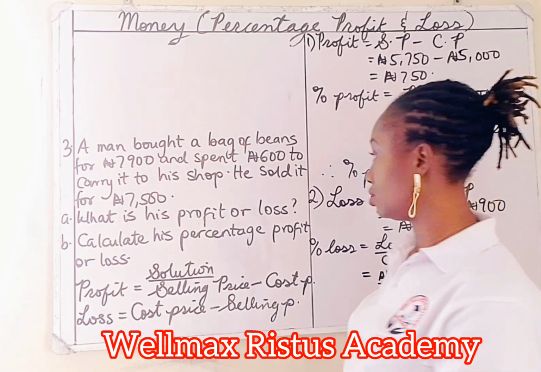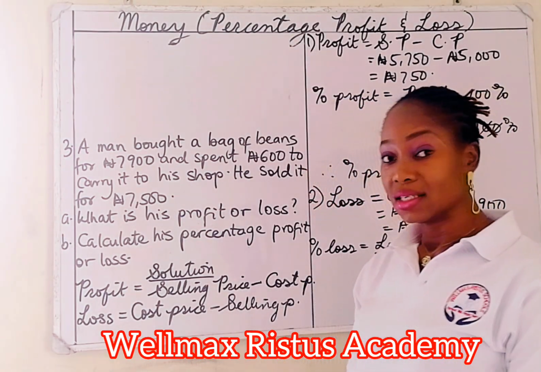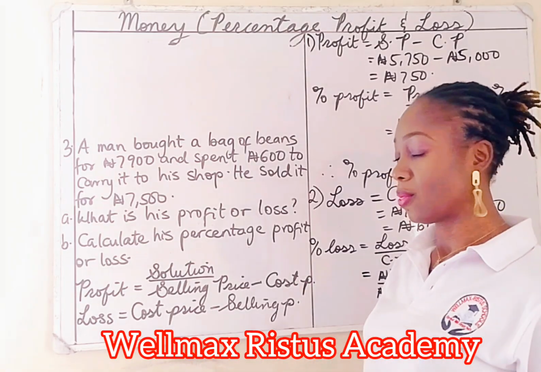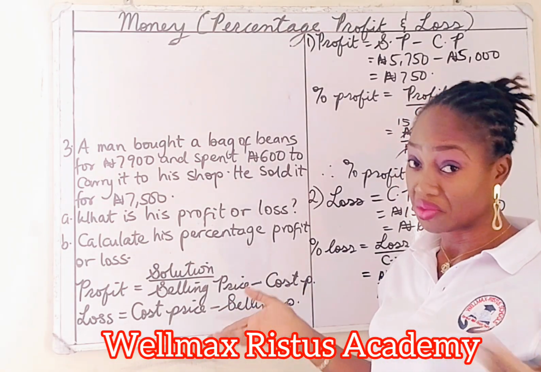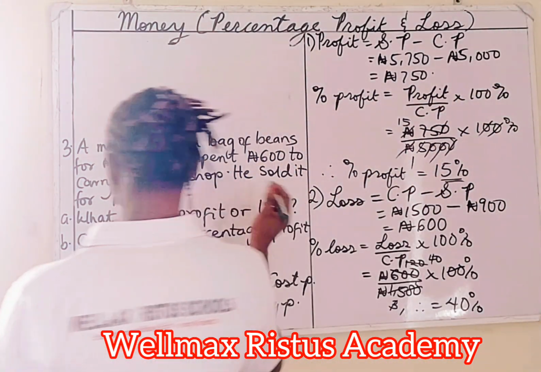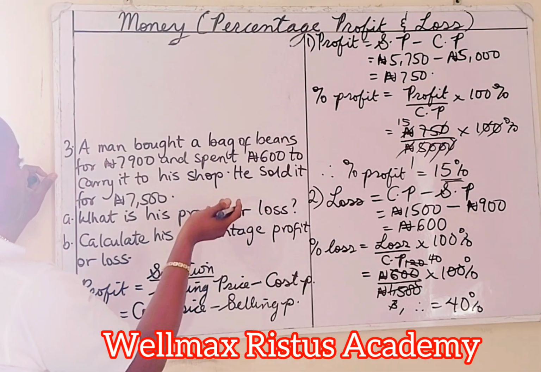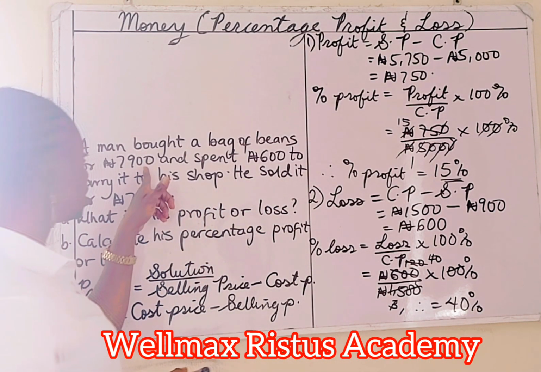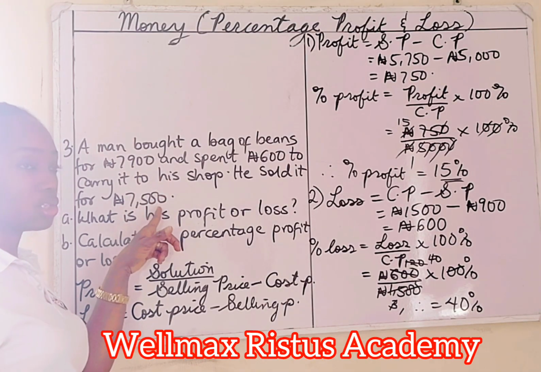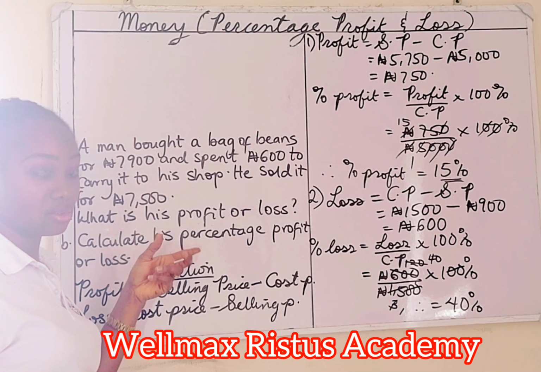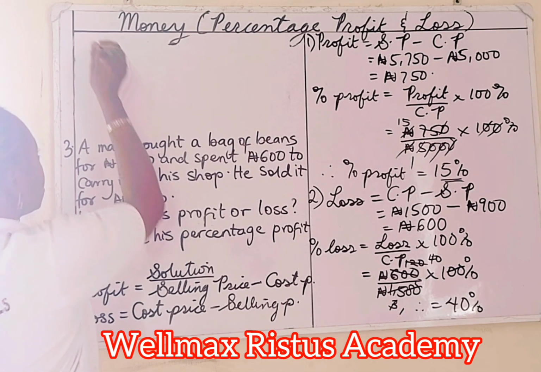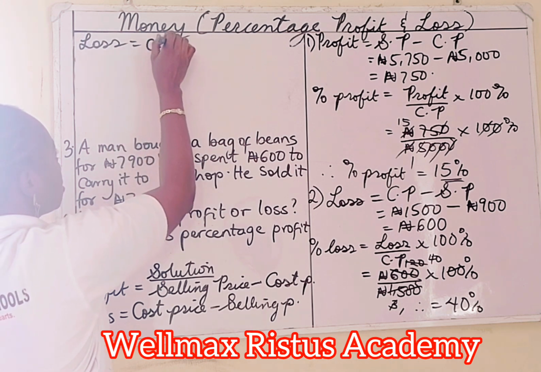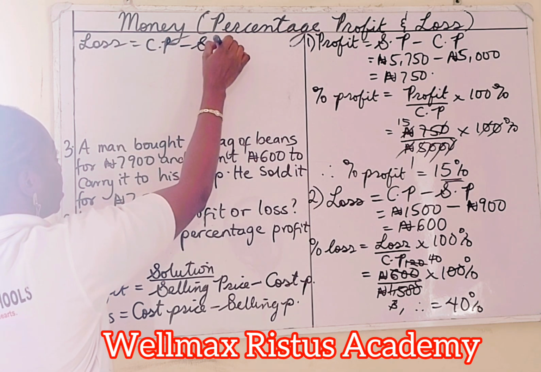Oh my gosh. They asked to find the percentage profit. What is profit or loss? That's the first thing. So let's find out if you made a profit or if you made a loss. Now, from the question, how much you bought it, which is 7.9, and how much you sold it, which is 7.5. So that means you already made a loss. So loss equals what? Cost price minus selling price.